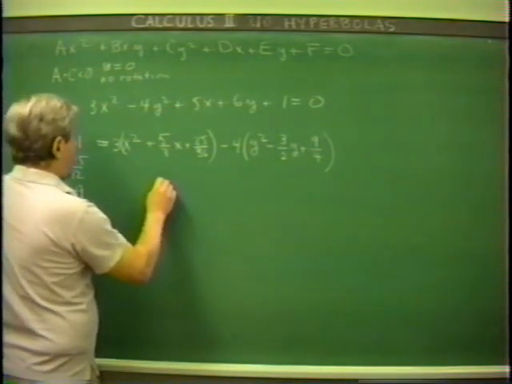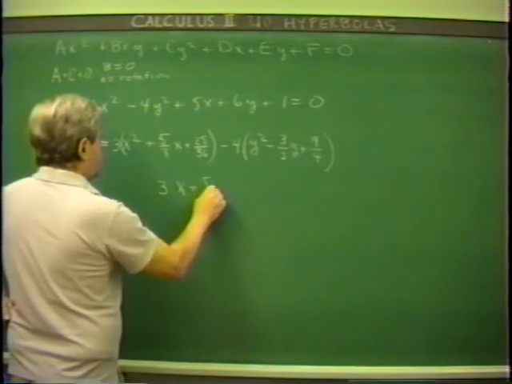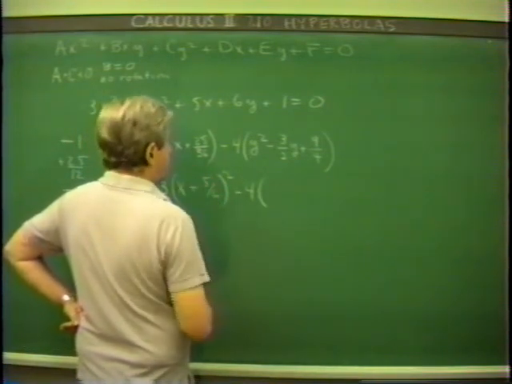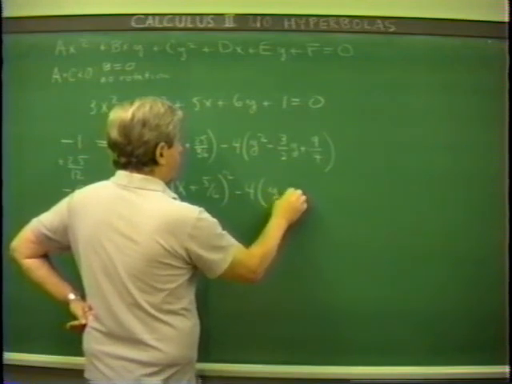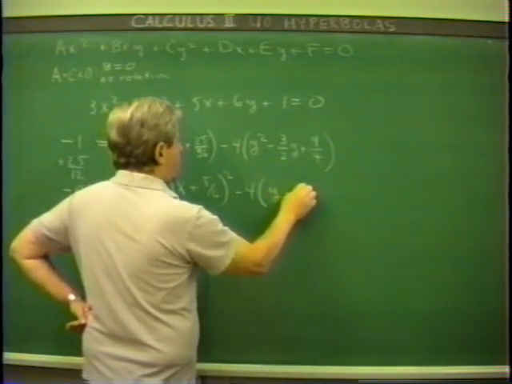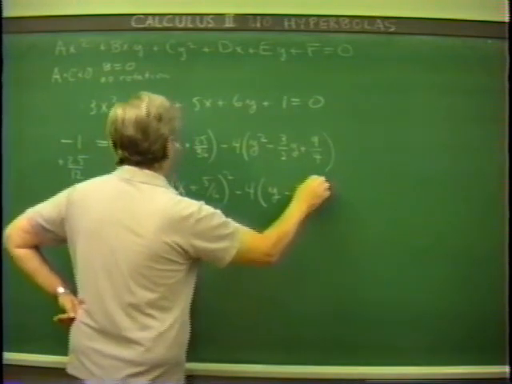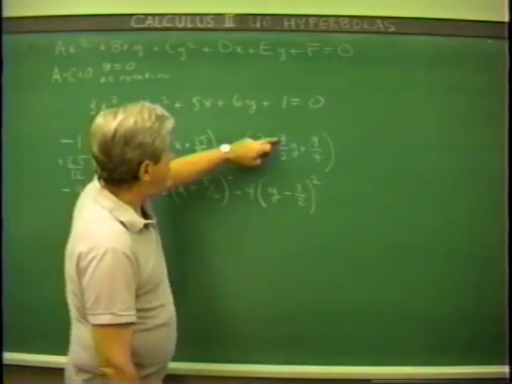So all together here then, what have we got? We've got 3 times x plus 5/6 squared minus 4 times y minus 3/2 squared.